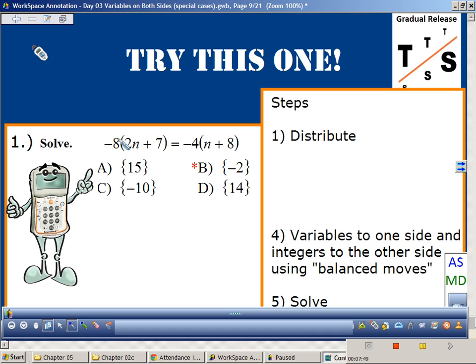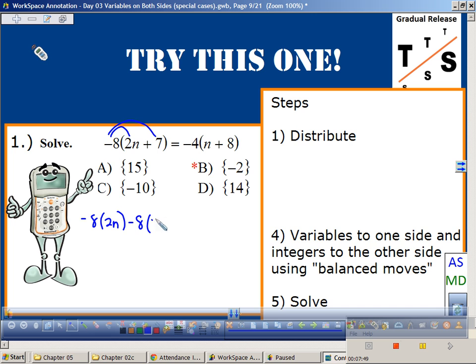Okay, so I'm going to go ahead and distribute. So I have negative 8 times 2n, negative 8 times 7, and negative 4 times n, and negative 4 times 8. That gives me negative 16n minus 56 equals negative 4n minus 32.